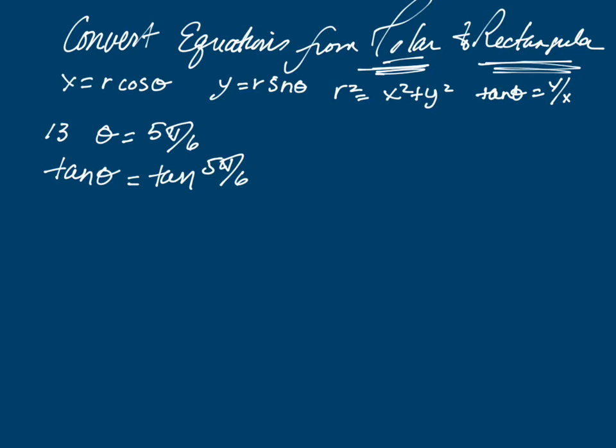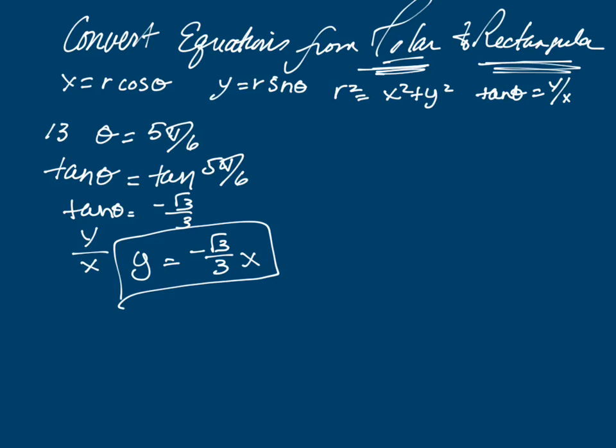And tangent of 5 pi over 6 is right before 6 pi over 6, so that is negative square root of 3 over 3. So tangent theta equals negative square root of 3 over 3. And tangent theta is y over x. So y equals negative square root of 3 over 3 times x. There we go. That was number 13.